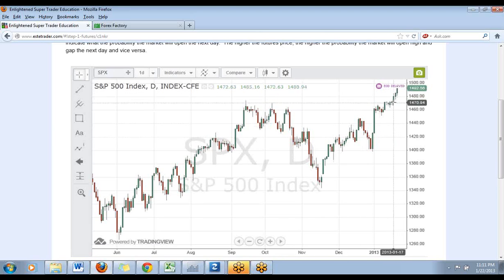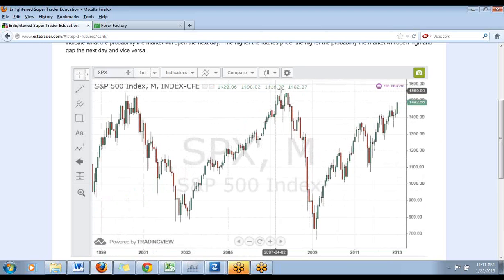See how higher highs, higher lows, odds and probability, going to 1500 is highly probable. The price to beat for the S&P 500 is 1550, 1570 here, 1578, 2007. So we're almost there.